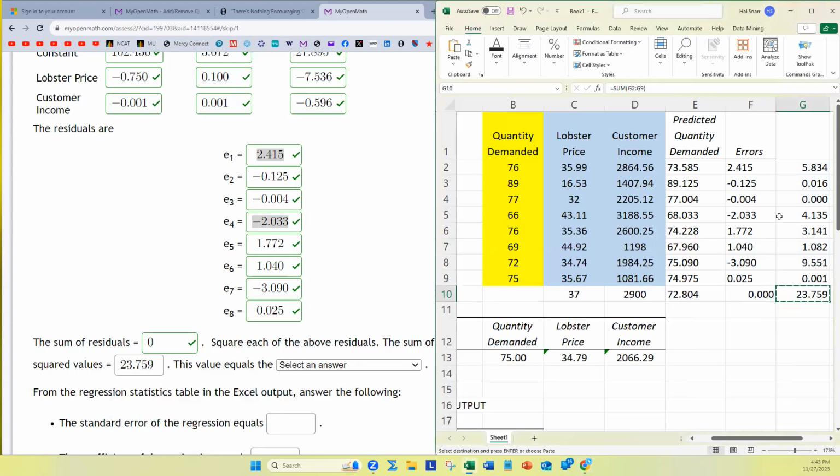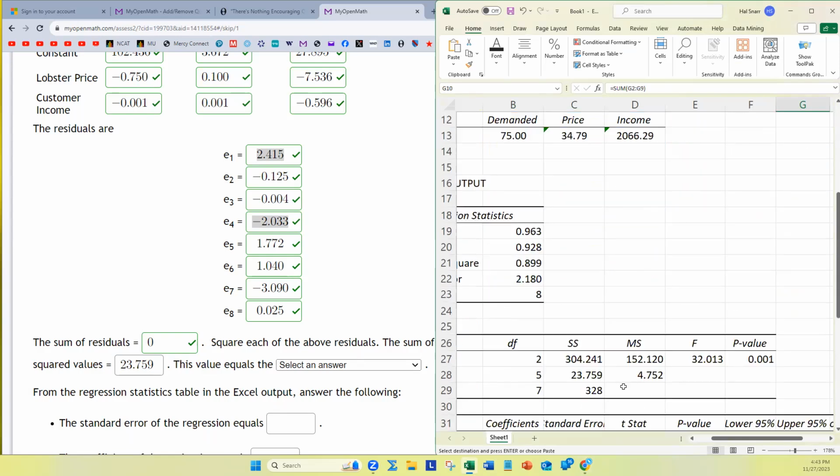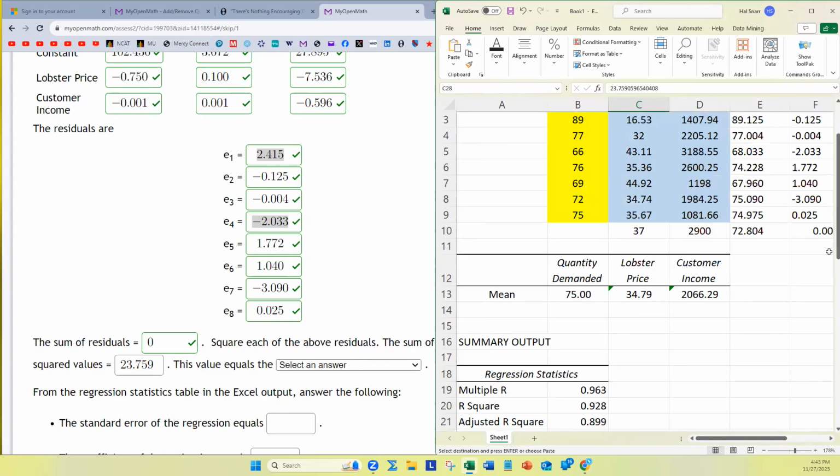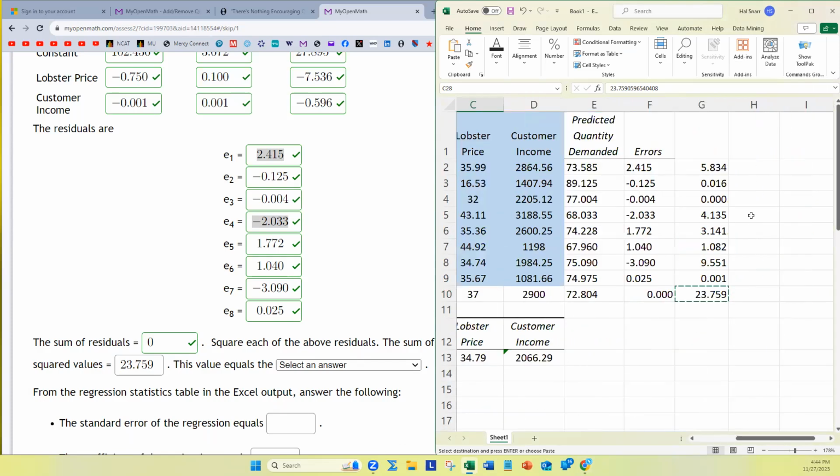Now you don't have to square your errors and sum them, because Excel does it for you right there in the regression output. 23.759, right? So you didn't really have to square each of these errors. You also didn't need to sum it, right? Because the sum of your errors in most situations is going to be 0.